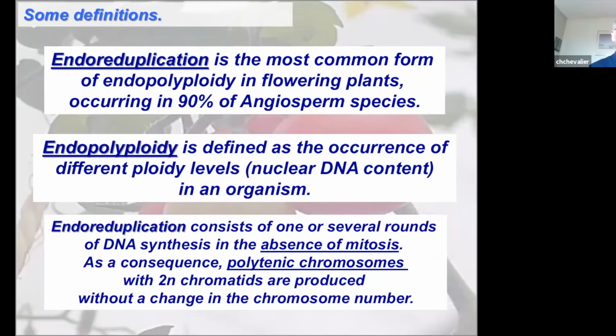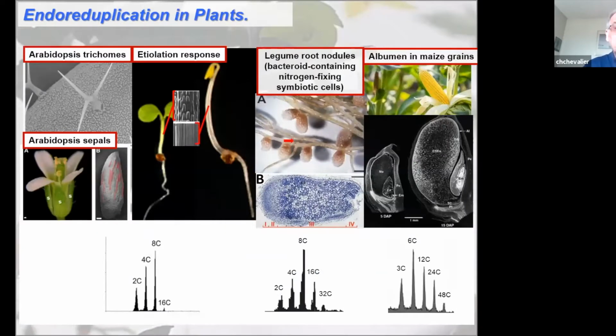This phenomenon of endoreduplication, as I said, is quite common in most angiosperm species, and here on this slide you have some illustrations of very well characterized systems of endoreduplication. On the left, you have several organs in Arabidopsis. Endoreduplication happens in flowers, stems, roots, and trichomes.